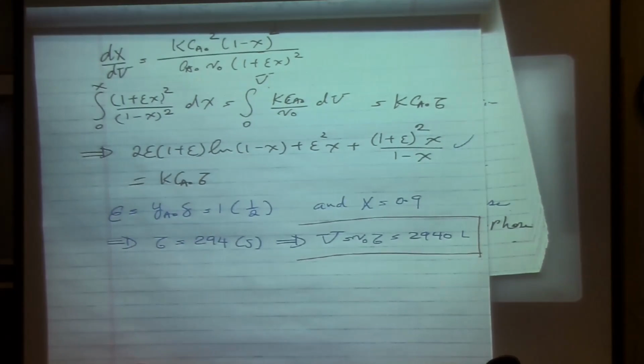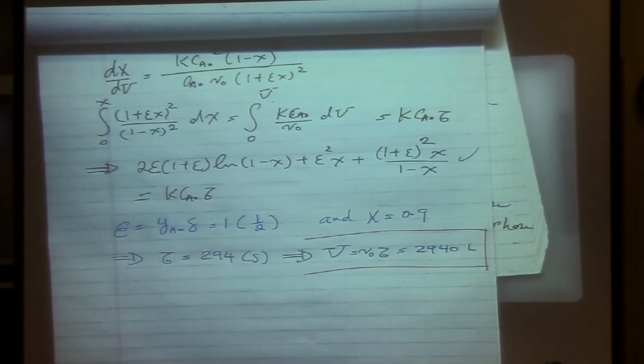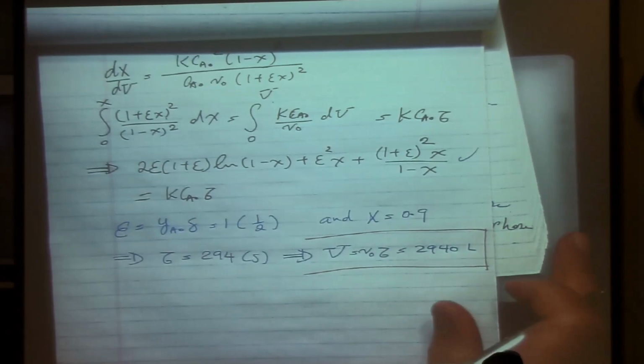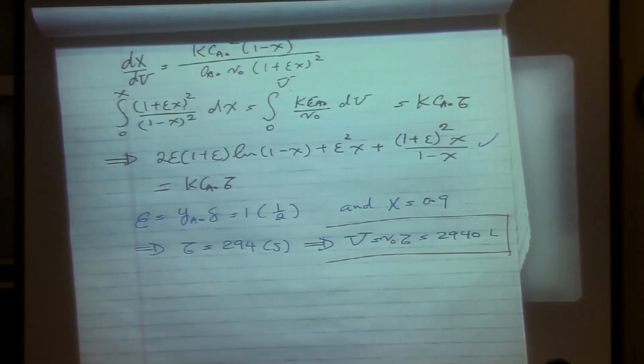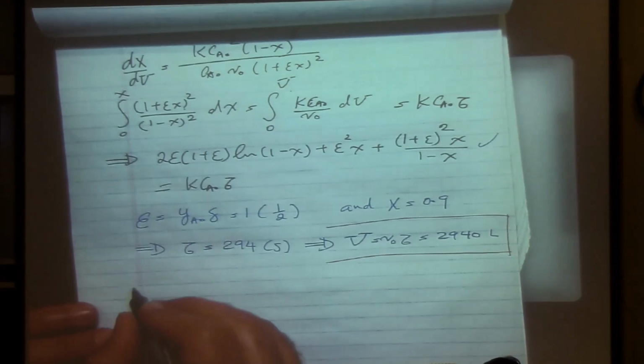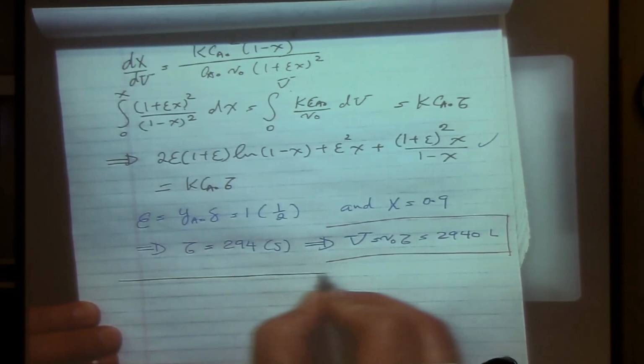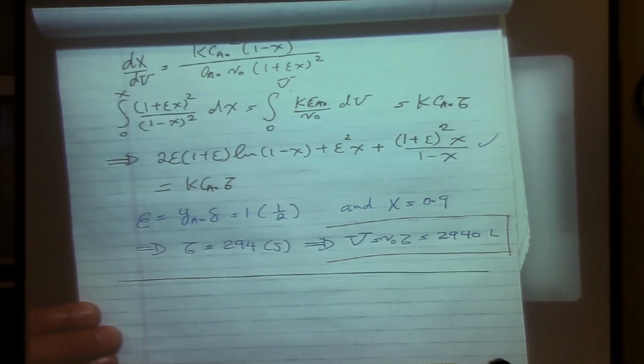Okay, so let's do another example. The next example is dealing with the gas phase in a batch reactor. Let me just start, and if I don't finish, I will do it in the next lecture.